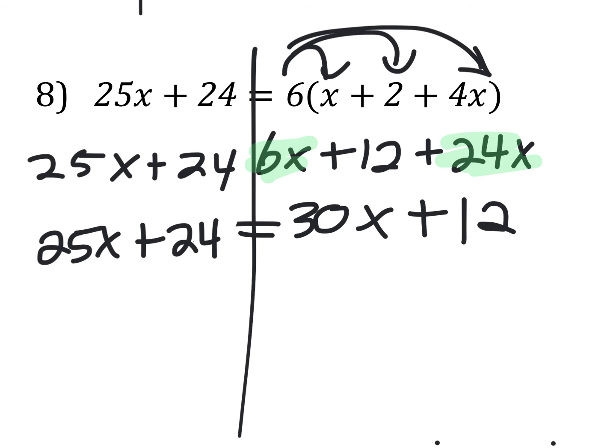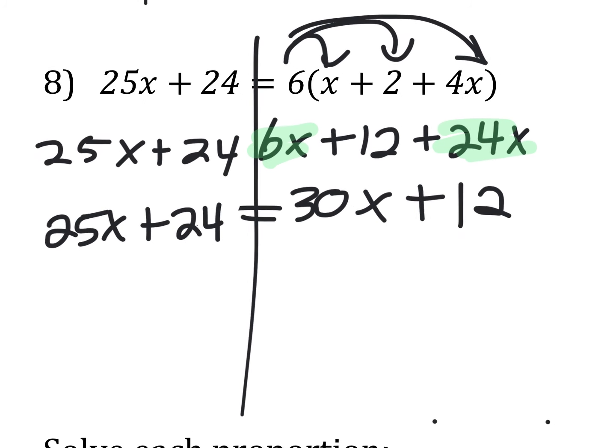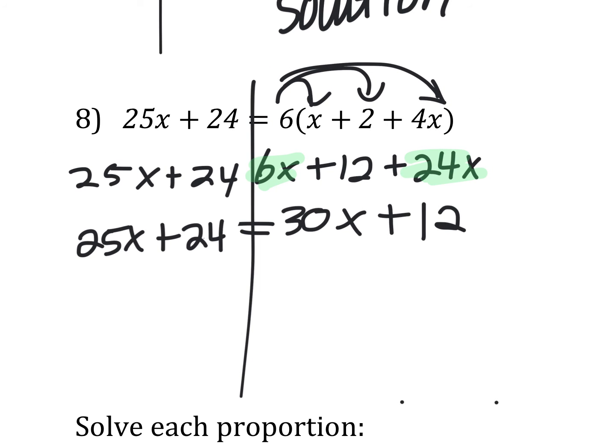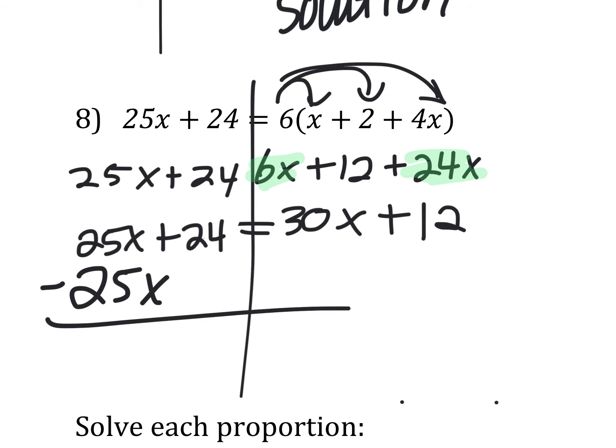Okay, so I've done all the simplifying I can do. Now, one of those variables has to go. It doesn't matter which one I get rid of. Personally, I would get rid of the 25x because that will keep me from having to deal with a negative. So what is the opposite of 25x? Minus 25x.